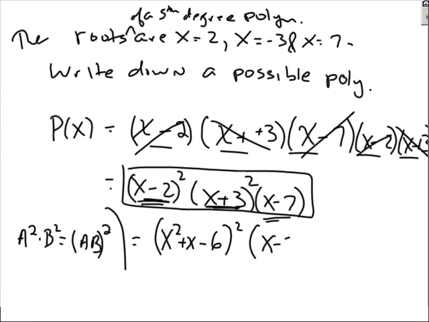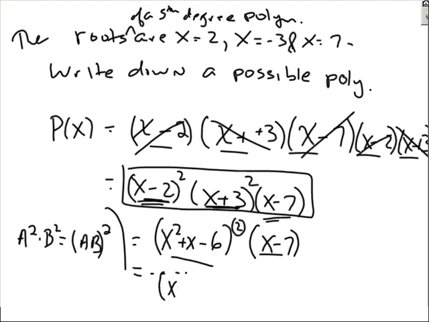And then multiply that by x minus 7. Maybe that's easier, who knows. And you would just continue and you get what you get. First I would square x squared plus x minus 6, and whatever I get, I'll multiply by x minus 7. And that would be of degree 5.